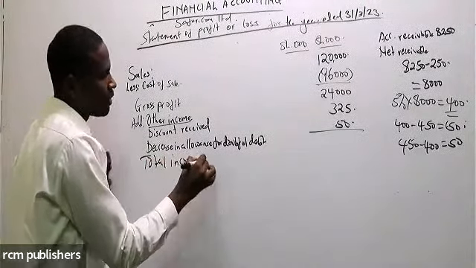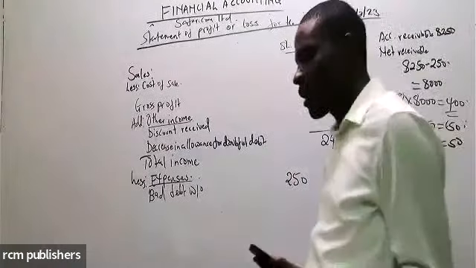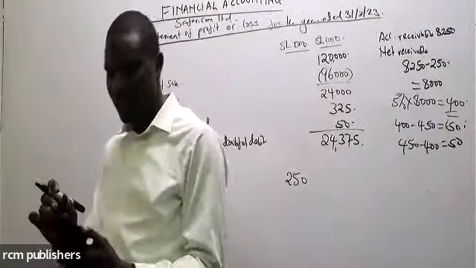Then we look at expenses. Always start with the bad debt written off. You can adjust to this column, it is 250. That is the bad debt that was written off. You just put it in the first column. That is an expense.